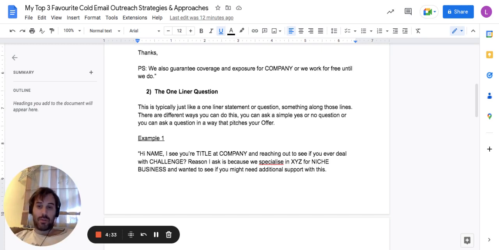Where this approach differs from the first one is, obviously, it's shorter because it's a one-liner question. But secondly, and really importantly, it's really good where you want to generate responses from prospects who don't have a really high level of problem solution awareness.